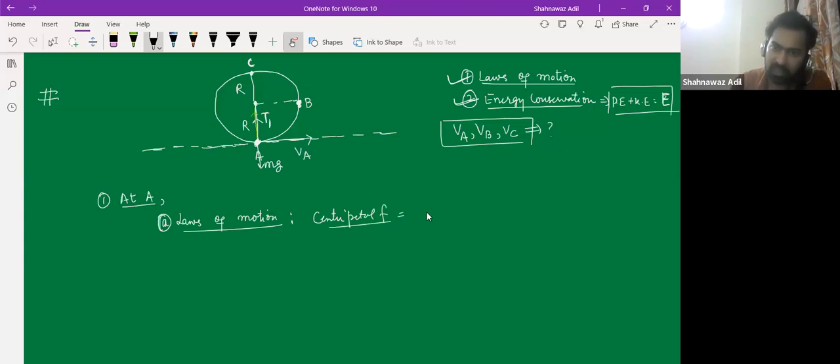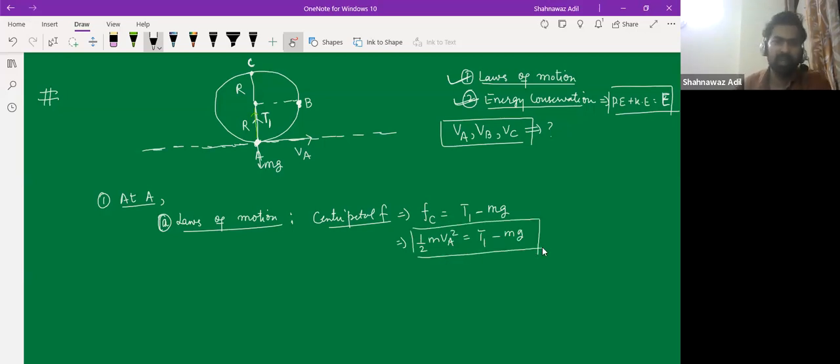FC would be equal to T1 minus mg. So how much is this thing? This is mva square over r, and this is T1 minus mg, right? So this is the thing.